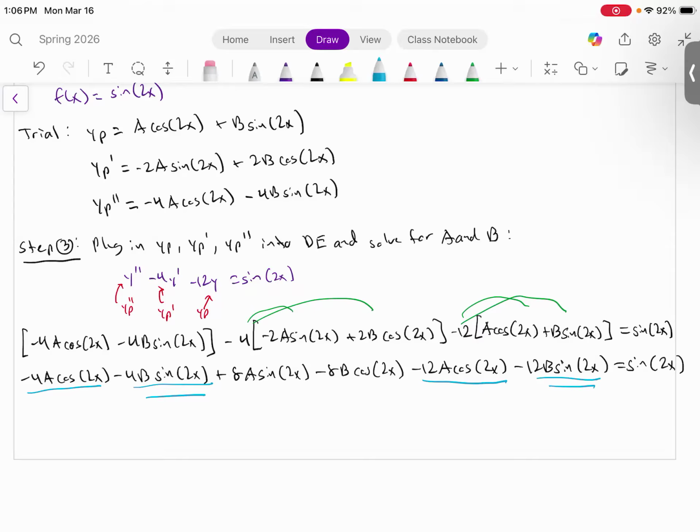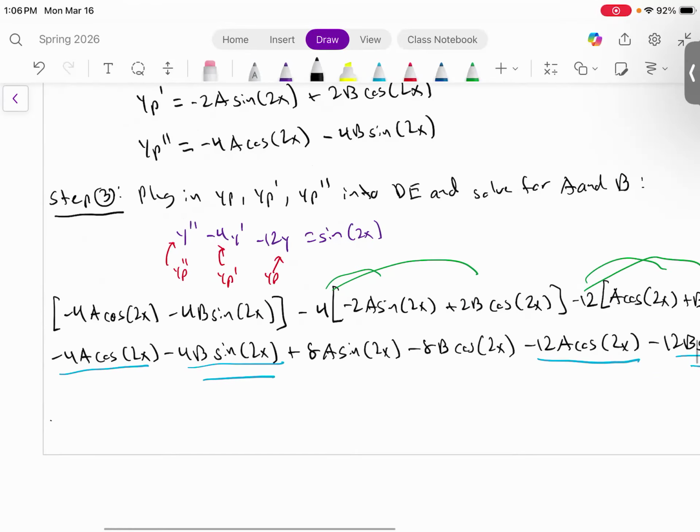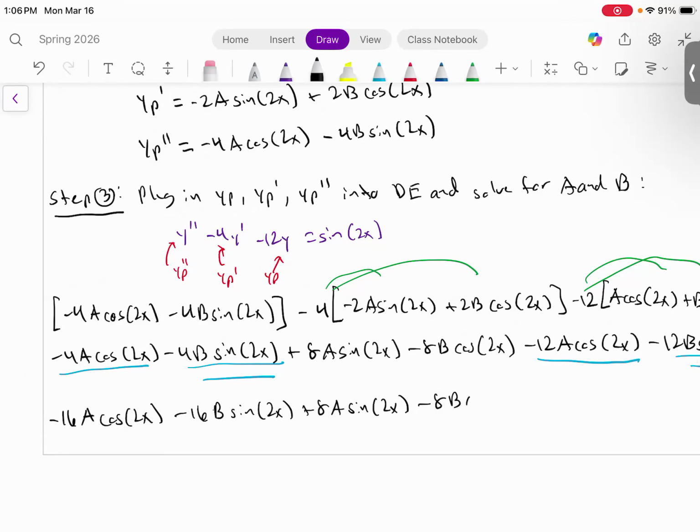So let's combine some of those, and what we get is -16a cosine of 2x minus 16b sine of 2x plus 8a sine of 2x minus 8b cosine of 2x, and it all equals sine of 2x.